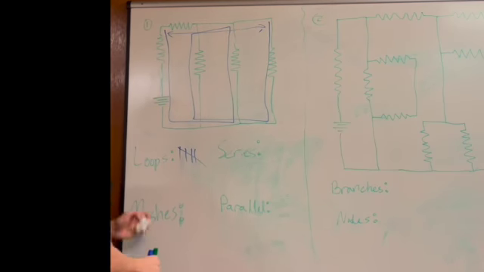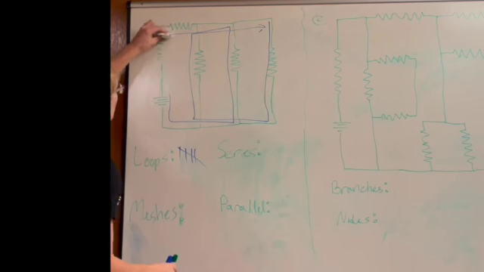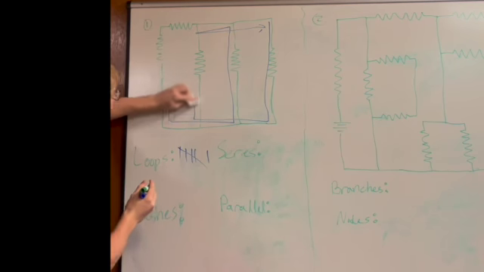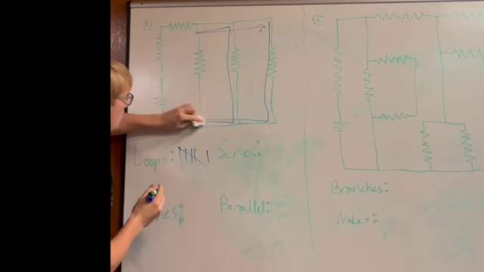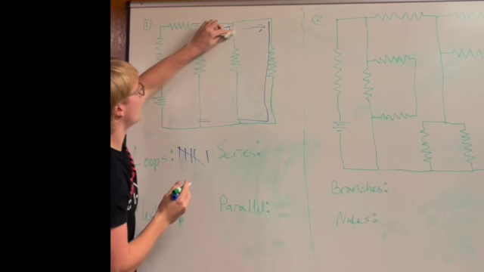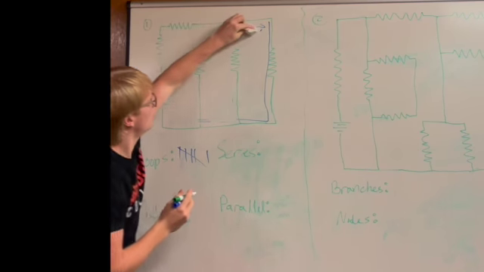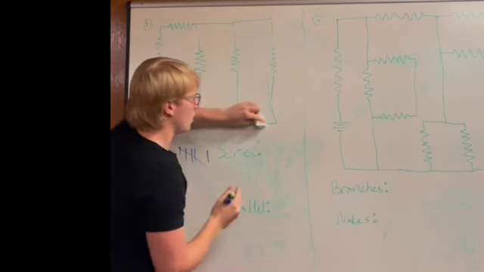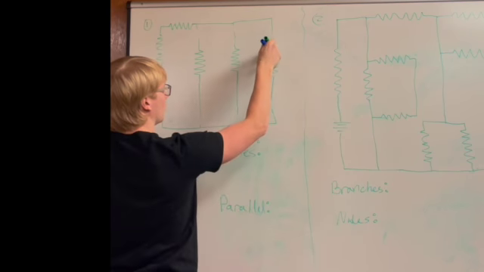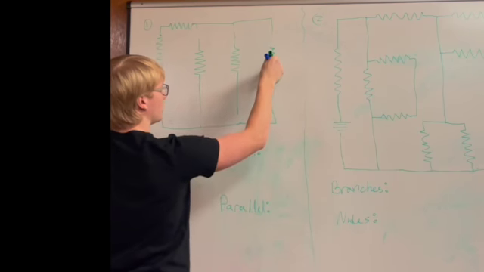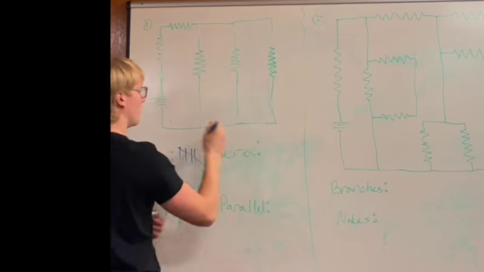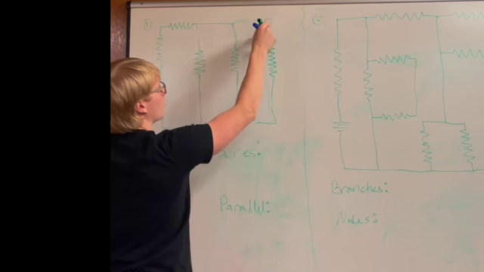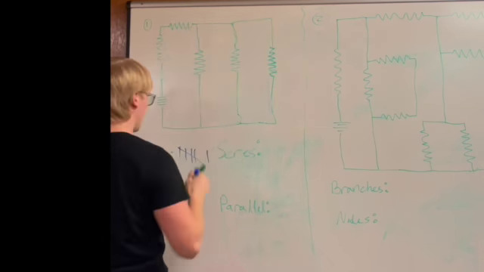So the number of loops that we have in this problem is 6. There's 6 different possibilities. And this is a simple circuit, compared to that one. So, as you can see, there's 6 loops in something like this. Loops are very common, and there's a lot of them in circuits.